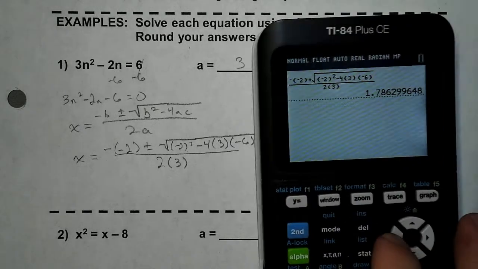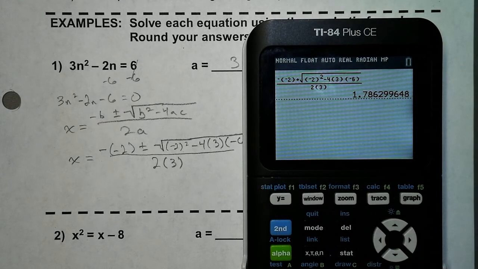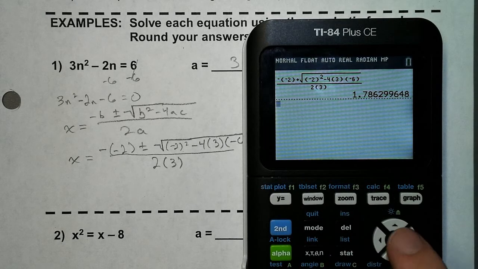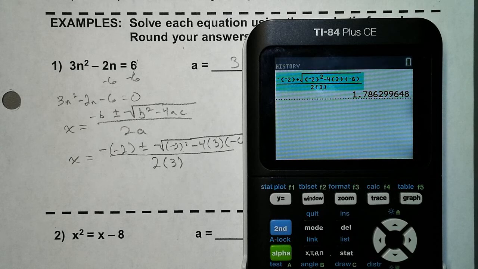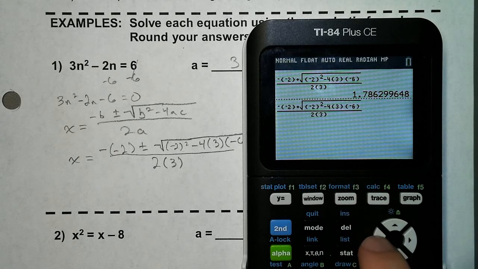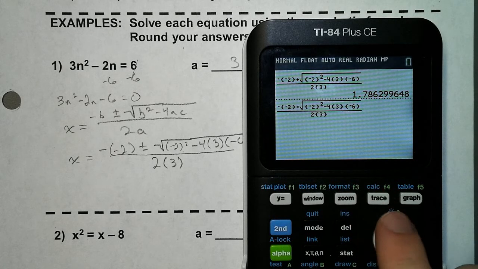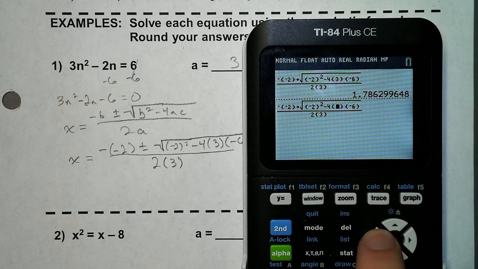Now, for our second solution, we got to do the same thing with minus. Here is a quicker way. This calculator has a temporary memory saved, so you can arrow up back to your fraction. You can push enter, and then you can just go backwards over here and find the arrow until you get to that plus sign. Alright?